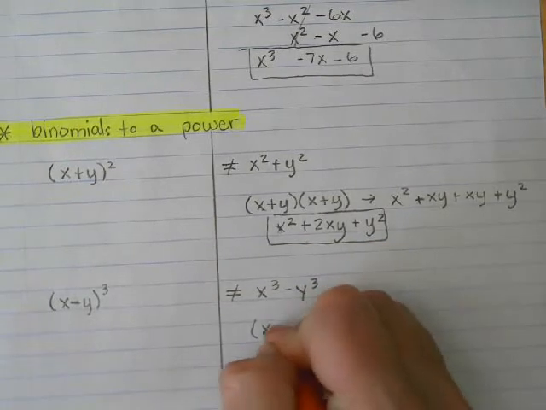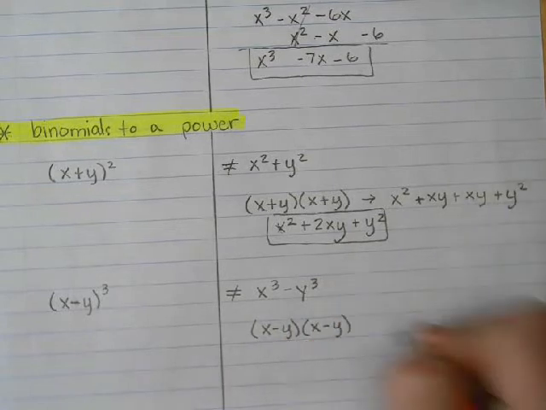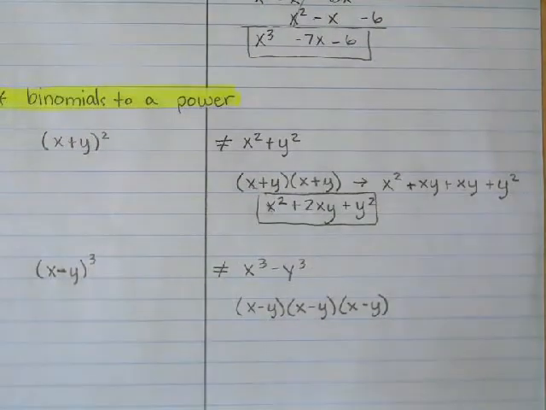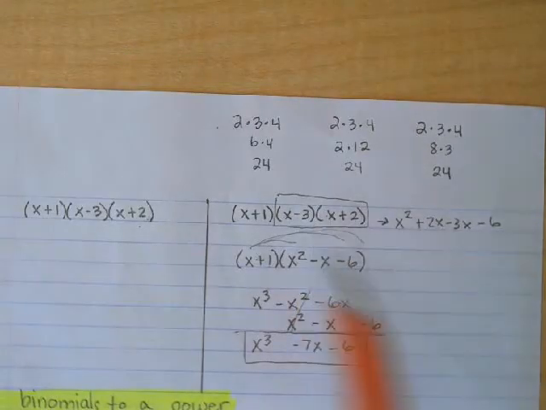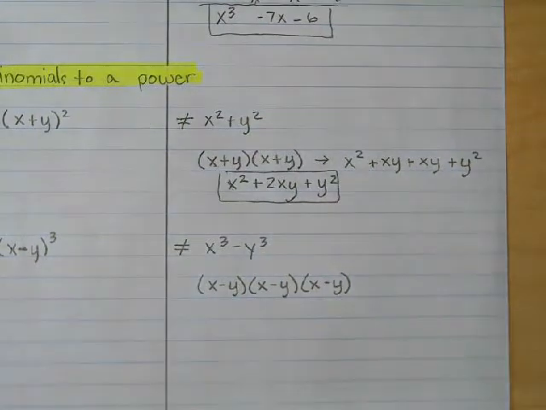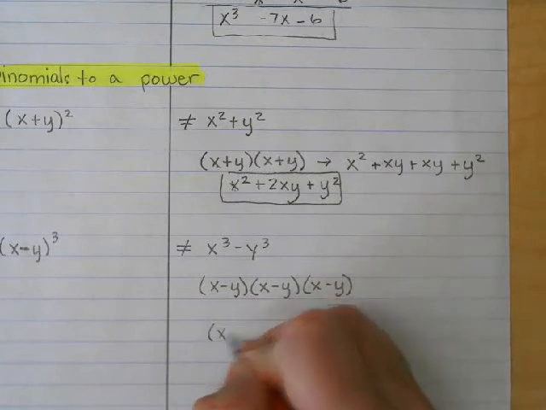You have to go x minus y times x minus y times x minus y. So then it becomes like that problem that we did up here, where you've got to pick two of them to do first. So I'm going to pick the last two. So I'm going to bring down my x minus y.